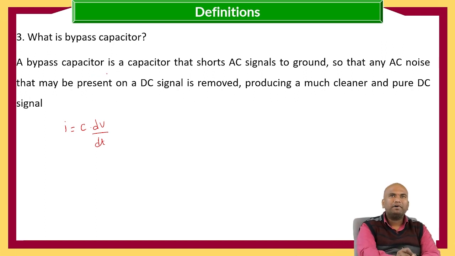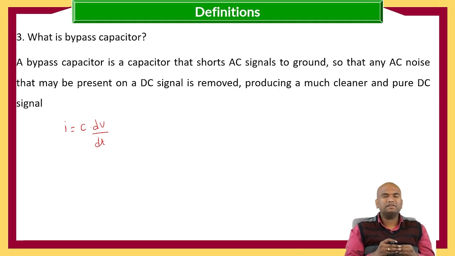A bypass capacitor is a capacitor that short circuits the AC signals to ground, so that any AC noise that may be present in the DC signal is removed.